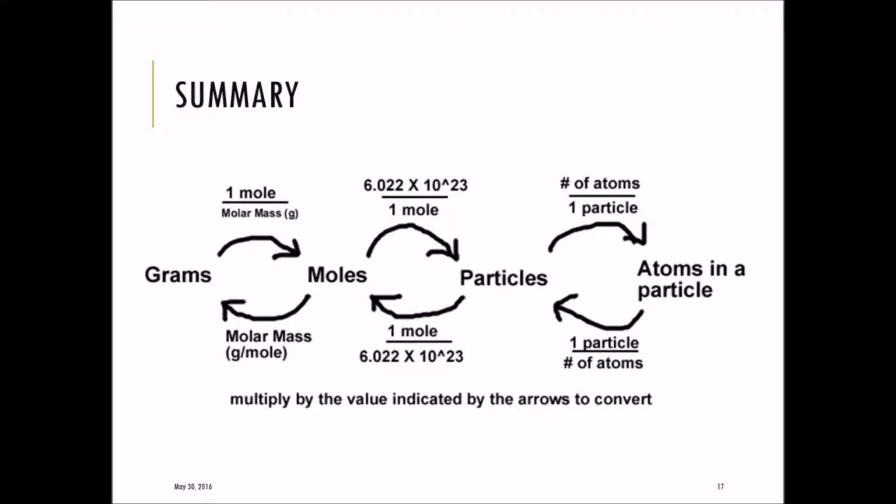We always use conversion factors, and the conversion factor for grams to moles is the moles over the molar mass, and for moles to grams is the molar mass, and for moles to particles is Avogadro's number over 1 mole, and for particles to moles is 1 mole over Avogadro's number, and so on. You can see it in the image that I'm sharing with you. Pretty easy, it's the same concept.